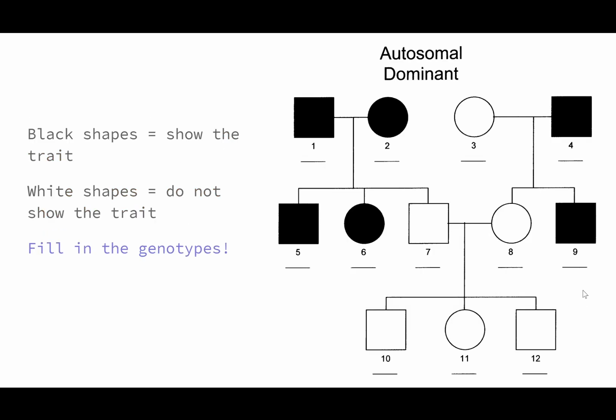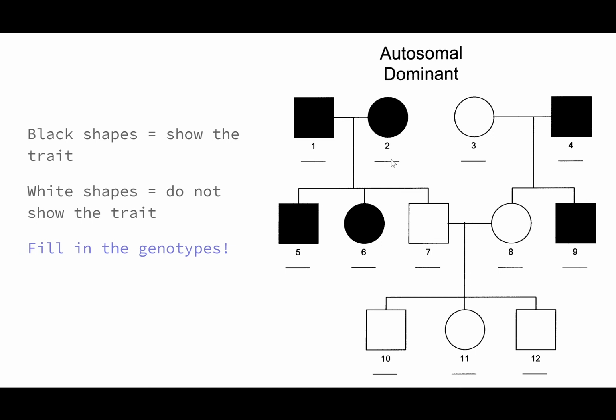All right. These last 2 slides are for us to practice working through pedigrees. Like I said, they're really good tools for tracking inheritance, but if we understand pedigrees, we can also do some deduction and fill in the genotypes based on the information we're getting just from these shapes and colors.